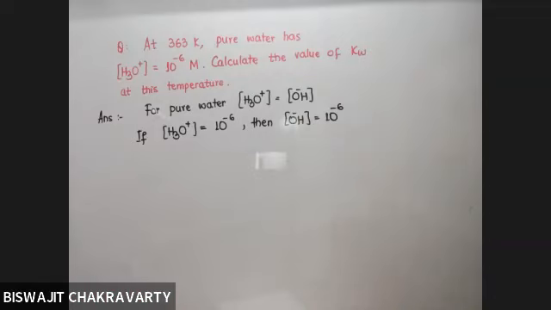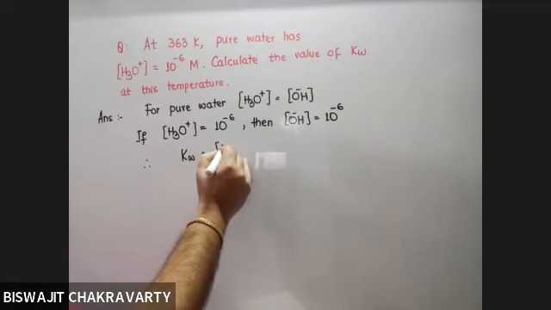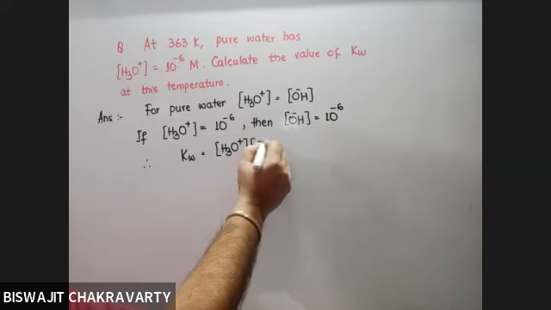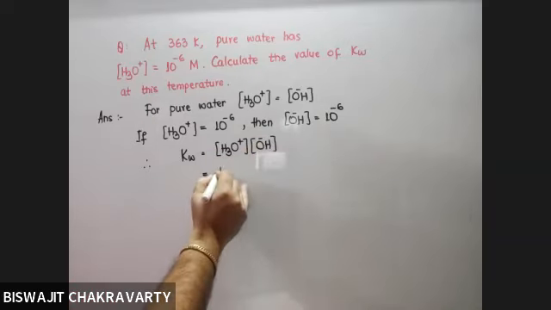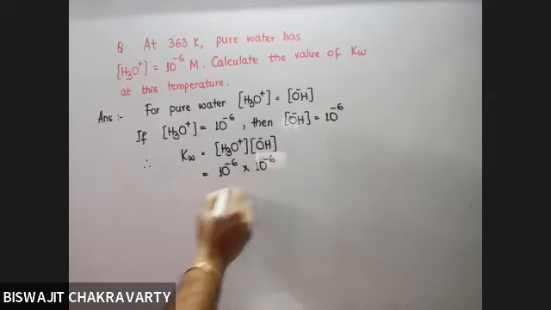So therefore, Kw, which is product of third bracket H3O plus into OH minus, will not it be 10 to the power minus 6 into 10 to the power minus 6? That is 10 to the power minus 12.